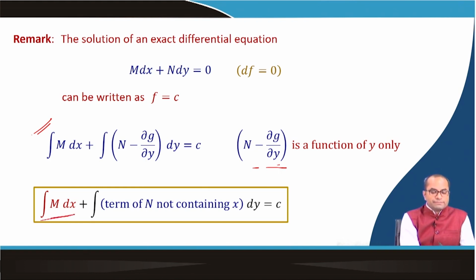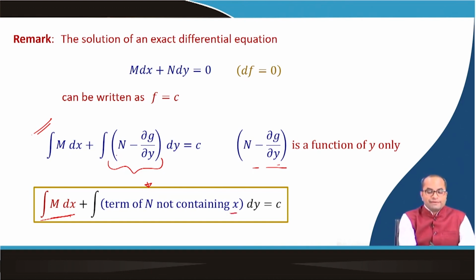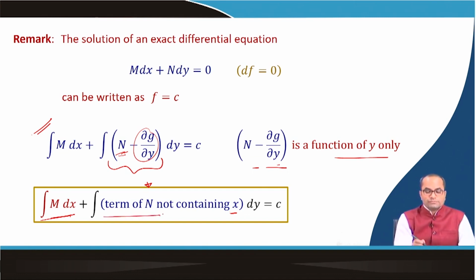If we just integrate m dx, and from n we consider those terms which do not contain x, only those terms which purely depend on y, and then integrate this and set it equal to a constant, that is an alternative way of finding f.